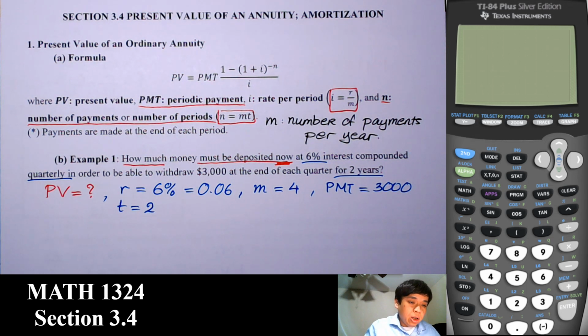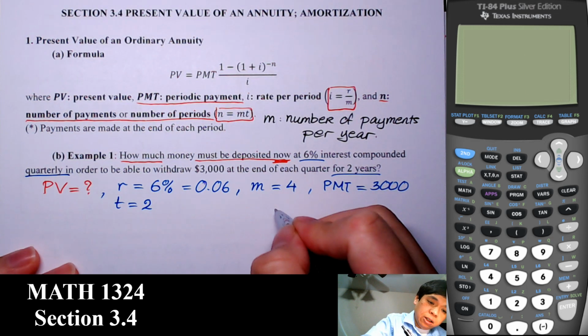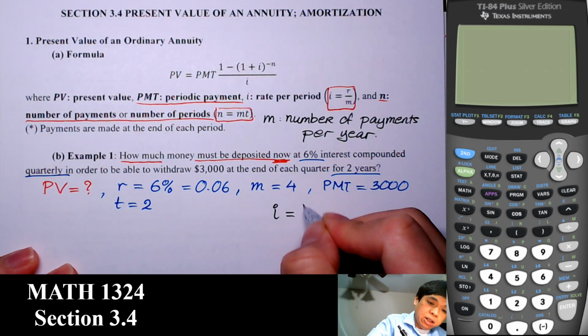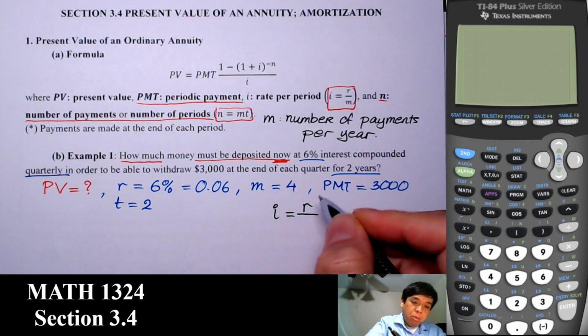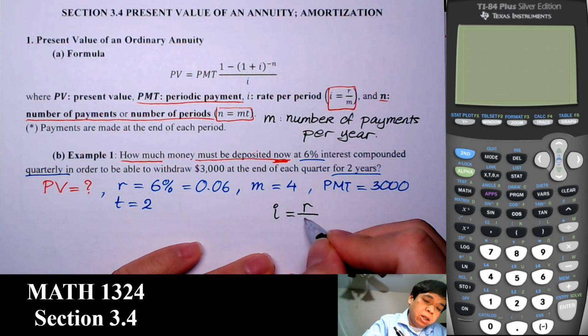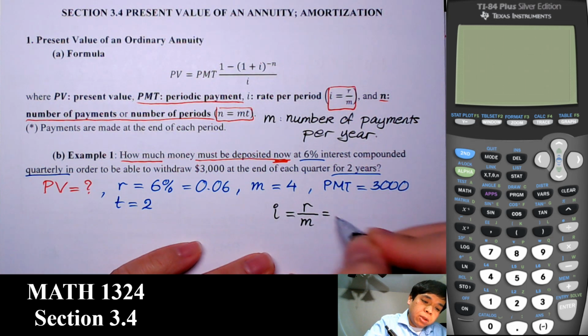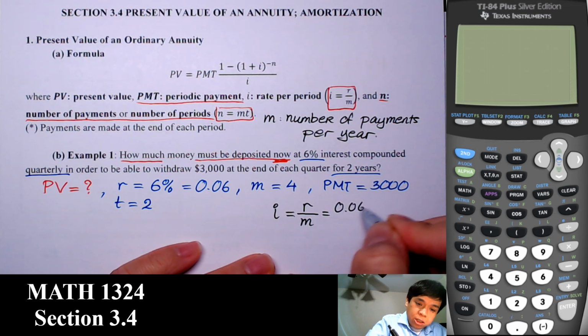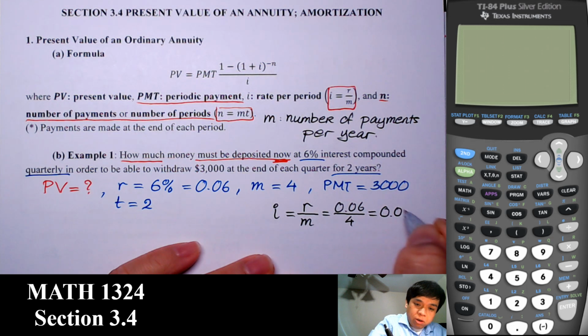Right. So first we calculate I and N. I is the interest rate for each payment period, R divided by M. So you have 0.06 divided by 4, which gives us 0.015.